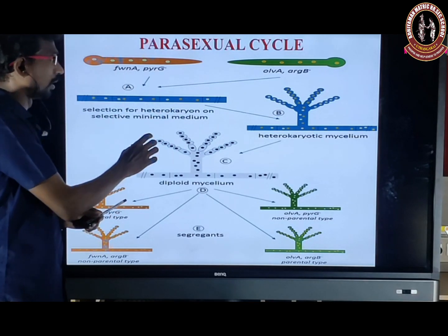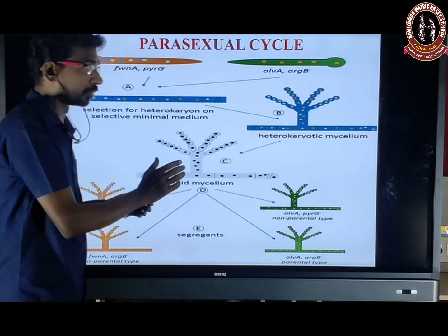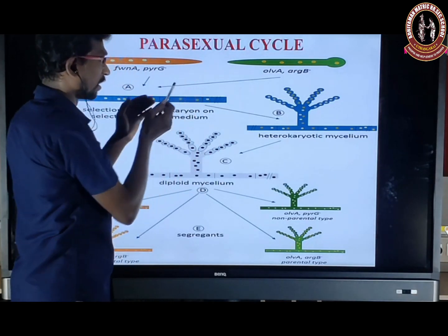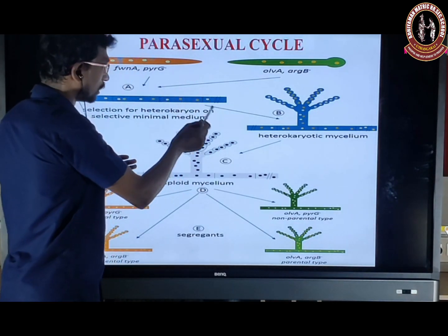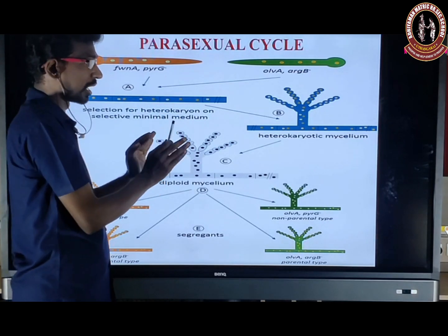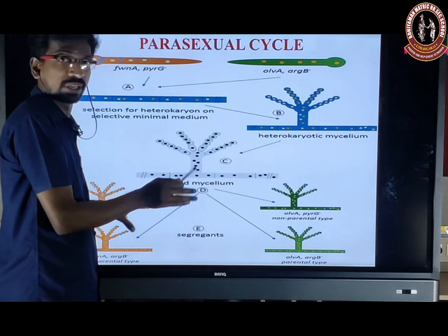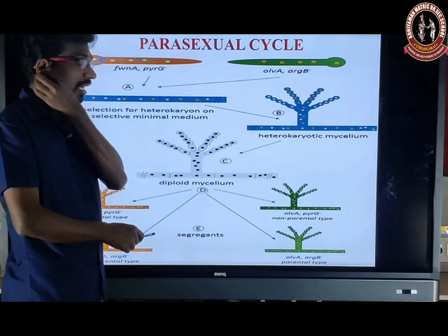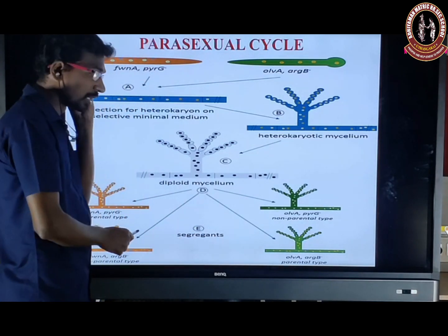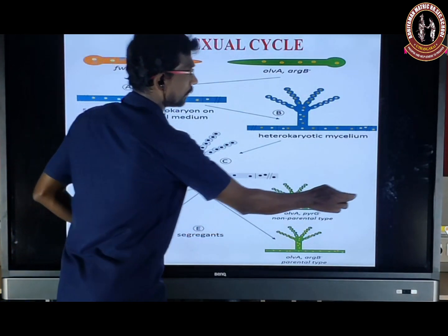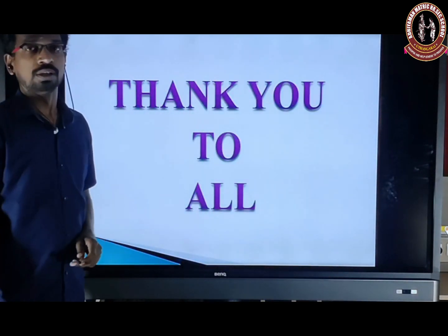You can see this clearly in the picture; it will help you understand the parasexual cycle. Two hyphae are fused, and the dikaryotic or heterokaryotic nucleus is present. Later it asexually forms different types of mycelia. Of these, two are parental and the other two are recombinants. Thank you, students.